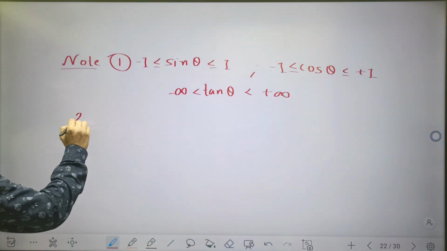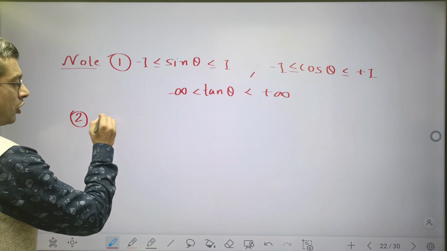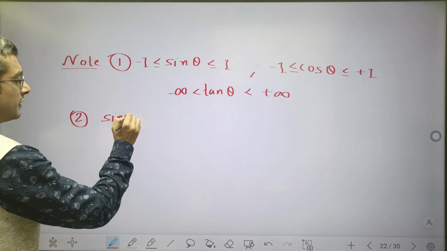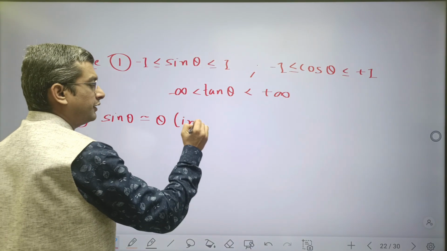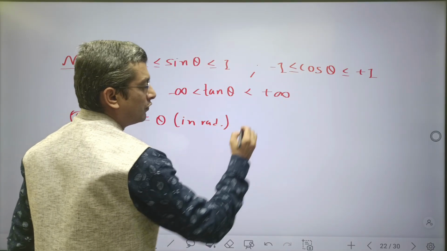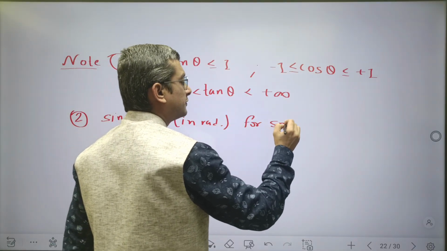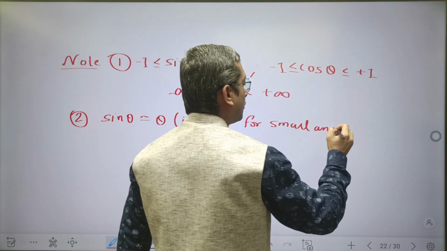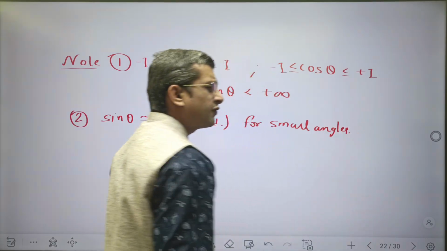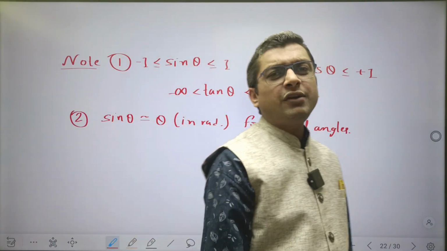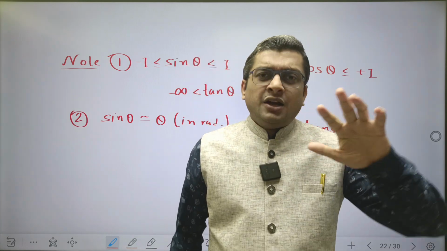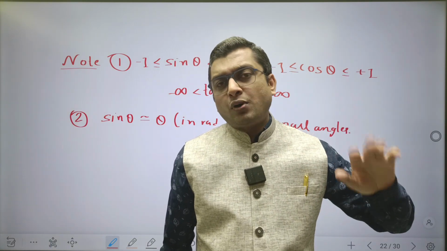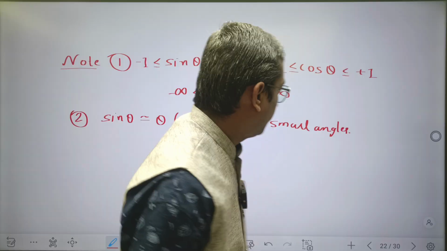Now, second important point, always remember sine theta is nearly equal to theta, but theta in radian, for small angles. That is, for an angle less than 25 degree or less than 30 degree, that is pi by 6 radian, the value of sine theta is approximately equal to theta.